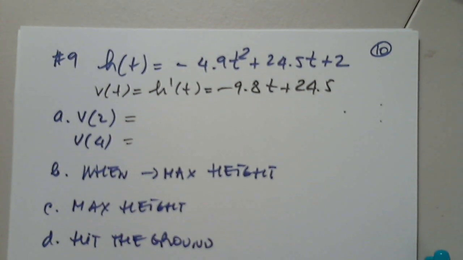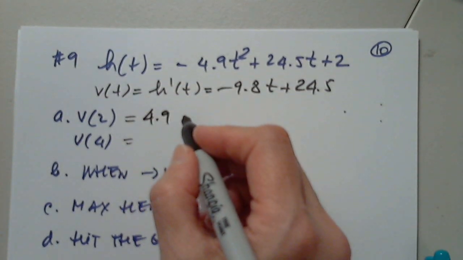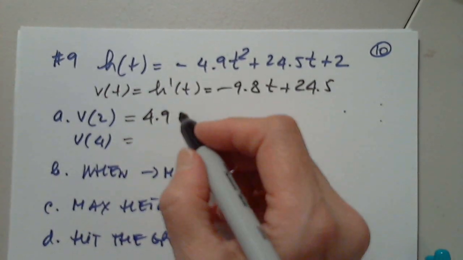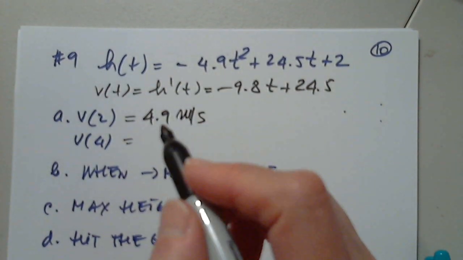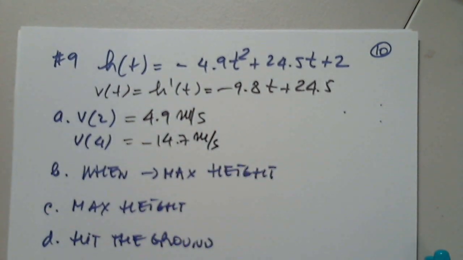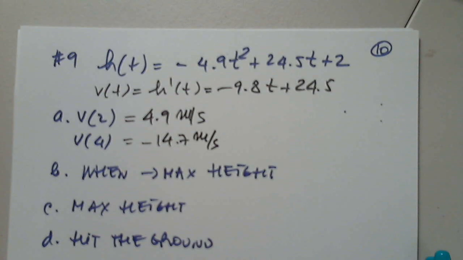So 4.9. And this is, I think it was meters. Where is the function? Right, meters, seconds, and meters. Good, meter per second, good. So meter per second. And the other one, negative 14.7 meters per second, which means direction.